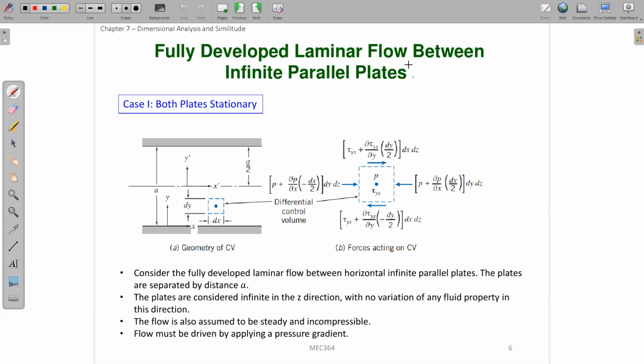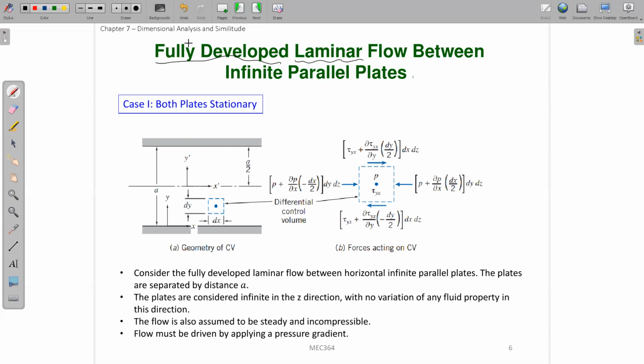This is the first benchmark problem we are going to study. We will try to solve our governing equations for this problem, for the fully developed laminar flow. So it's fully developed and laminar.